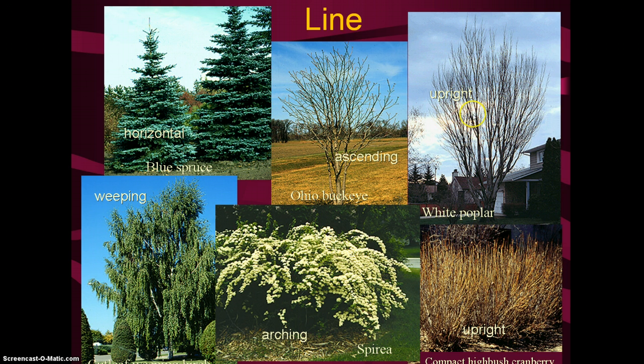It gives you a little bit more of an anxiety provoking feeling than, say, looking at the softer horizontal lines, or even the weeping lines or the arching lines of the spirea here. And here's another example of another upright one where it's got a sense of being very formal.